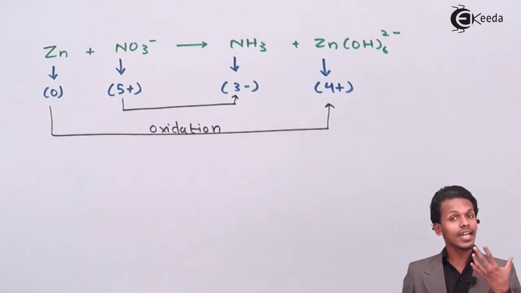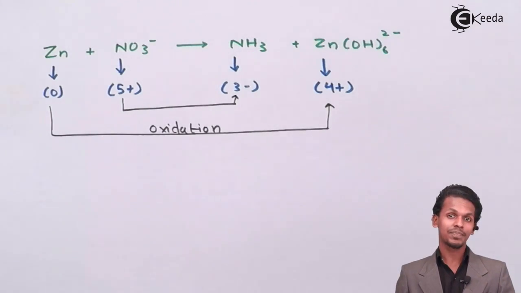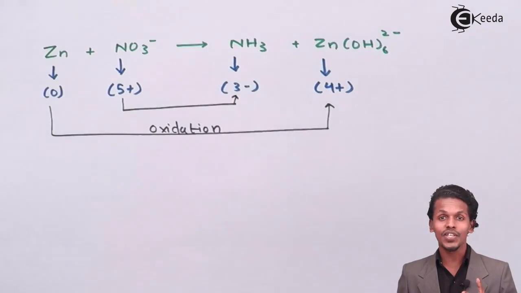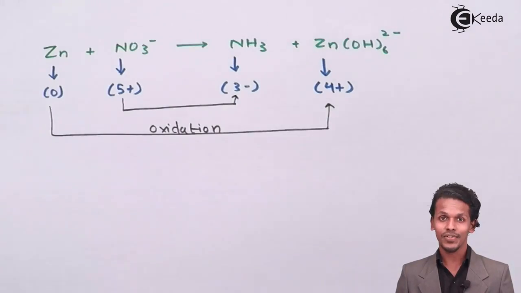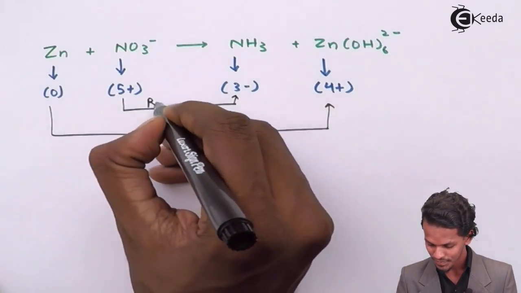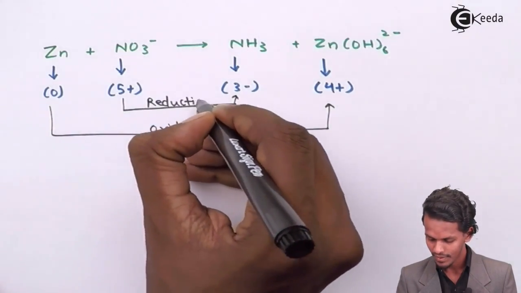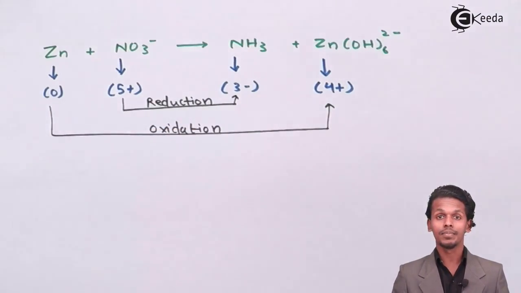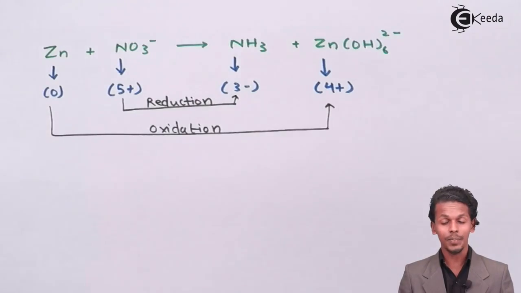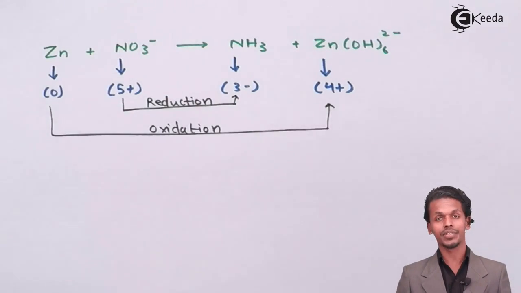Ultimately the electrons are being gained in this process. So the process in which electrons are gained is known as reduction. And hence finally we have made a final statement that this equation is a redox reaction.